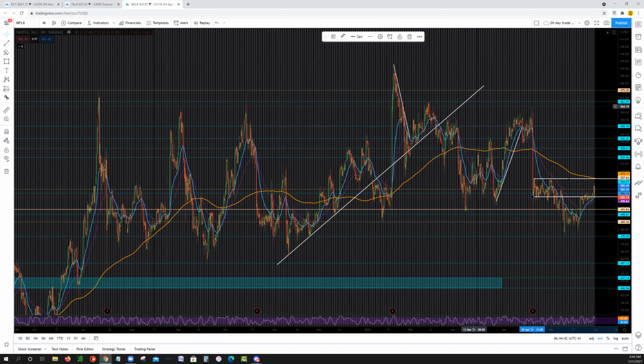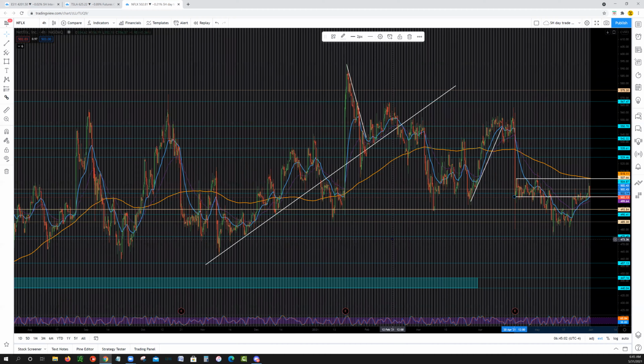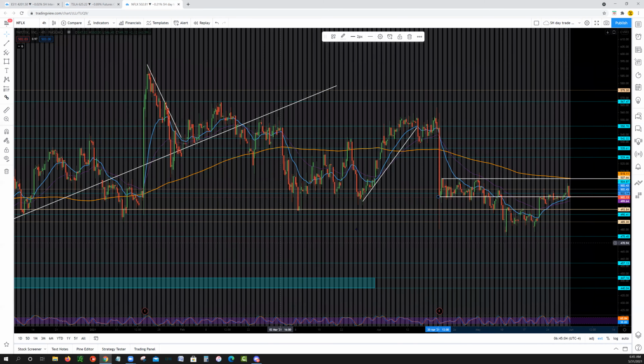So now we're kind of meandering, and each time that we've dipped below the 475s, that's been a buy, like a multi-week buy. We kind of tested that here, but we didn't dip below it. But we're roughly in that area where the 470s to 460s has been a multi-week buy.